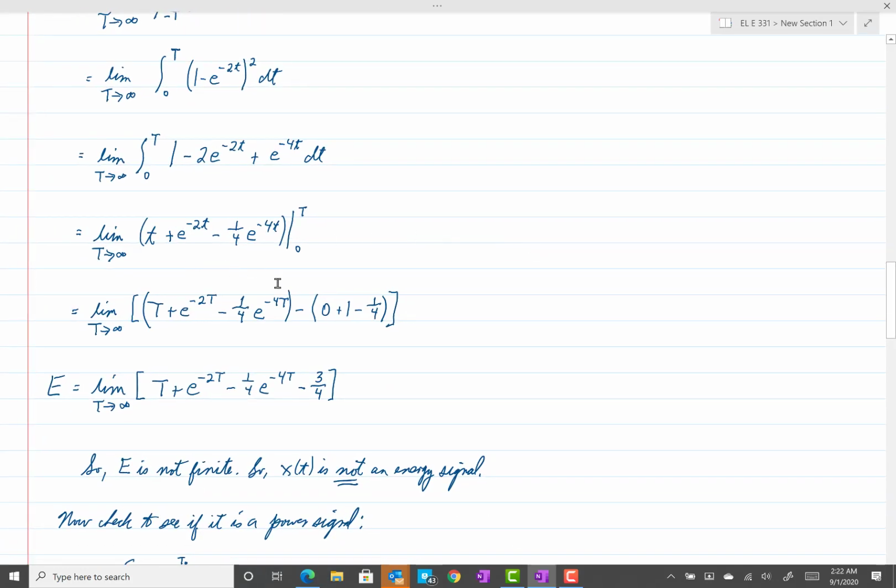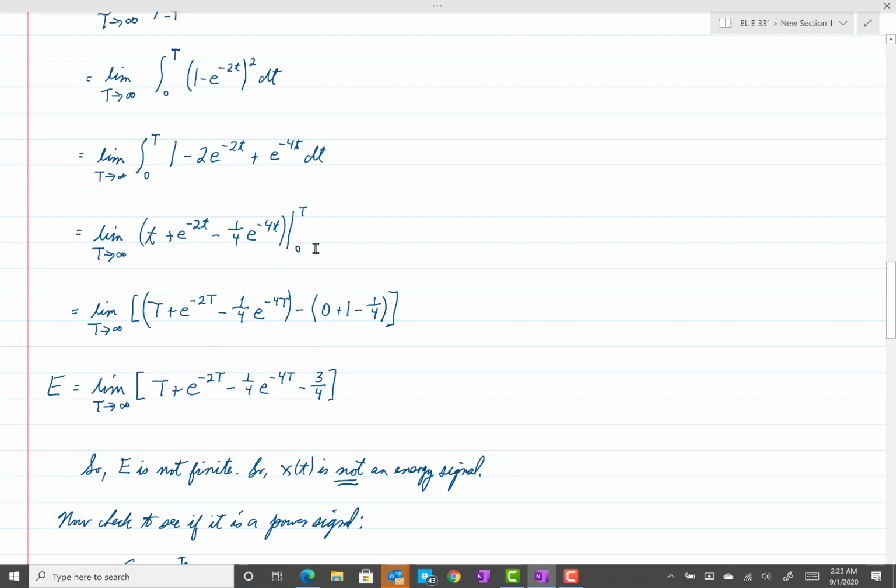Now, if we evaluate everything here at the upper limit and then subtract what we get when we evaluate everything at the lower limit. At the upper limit, we get T plus e to the minus 2 capital T minus 1/4 e to the minus 4 capital T. So this is what we get at the upper limit.